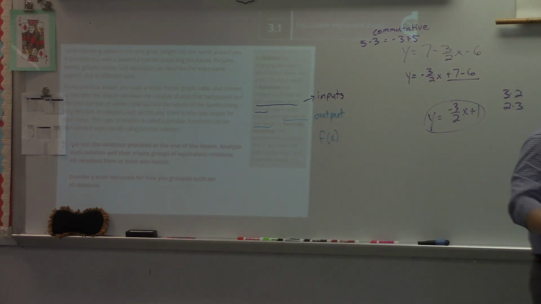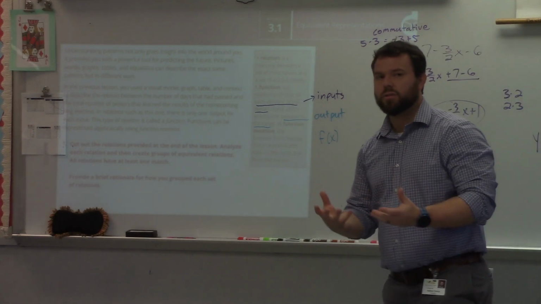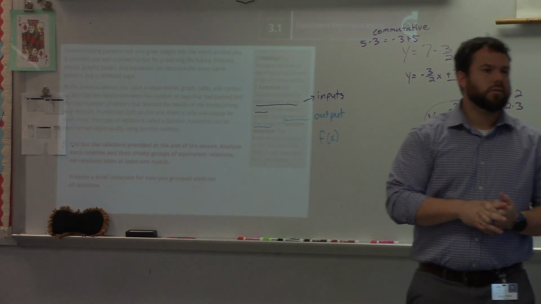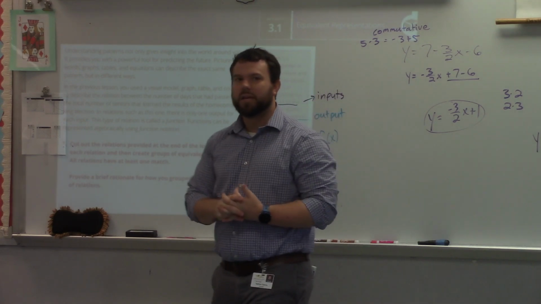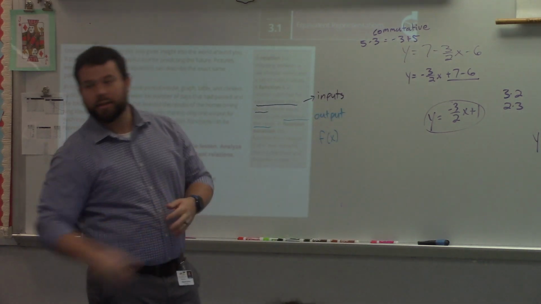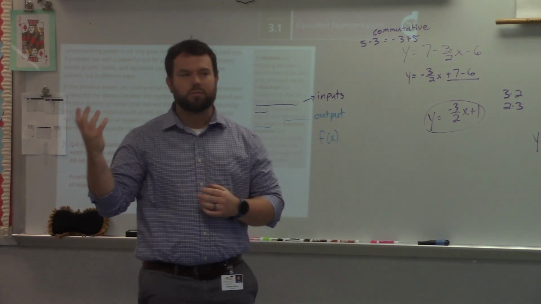What's another variable we can use in the place of f of x? Something that's equivalent to. Yeah, variable. What's another variable we can use for an output? Y, right? When we say f of x, that's equivalent to y.